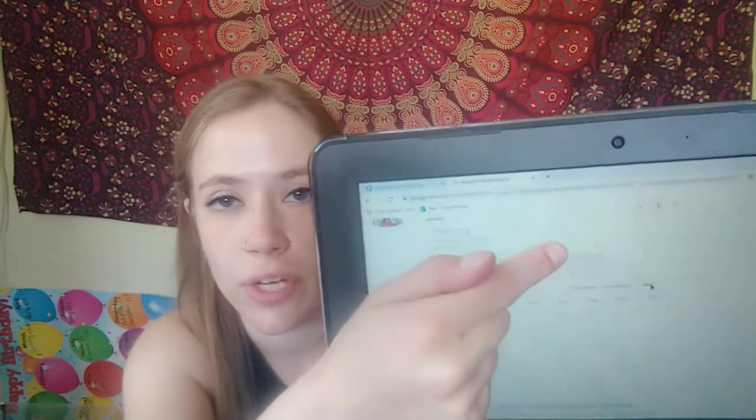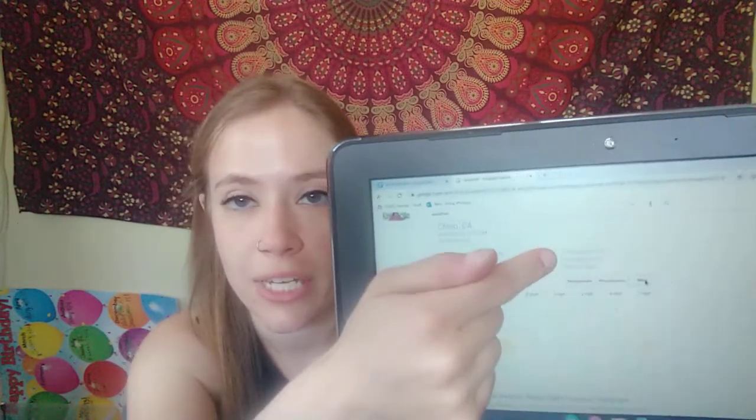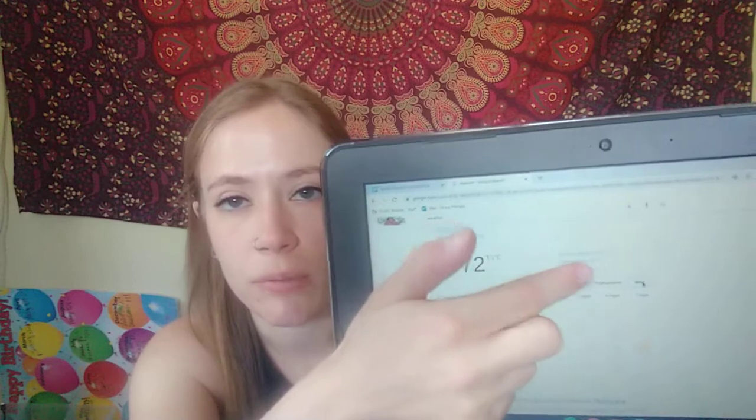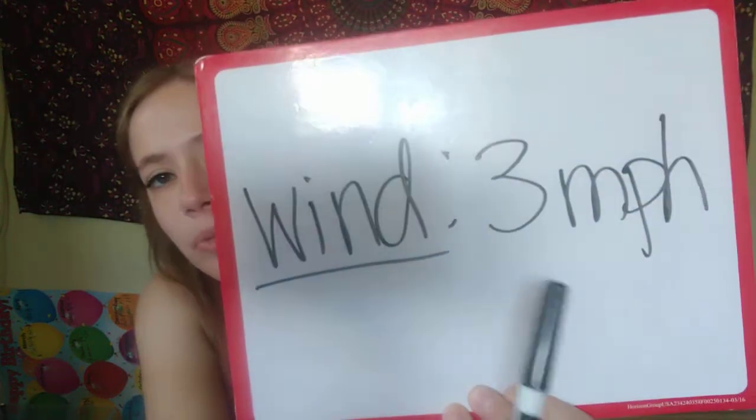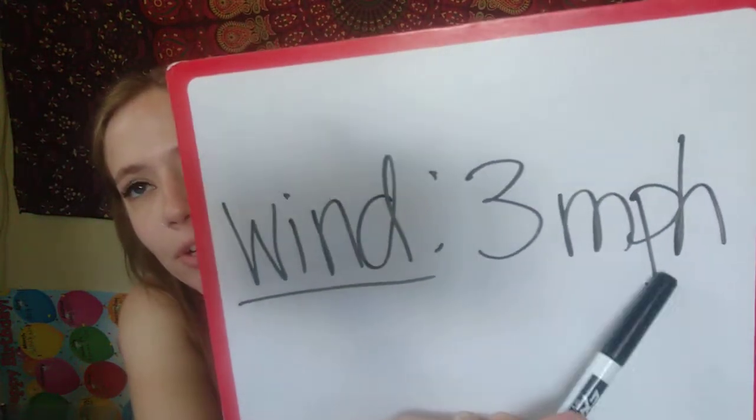So we're going to look up here, precipitation, humidity, and wind, and we're going to look at what speed is after the word wind, because this will be our average wind speed for today. So W-I-N-D spells wind, and then I see 3 mph, or our average wind speed will be 3 miles per hour.